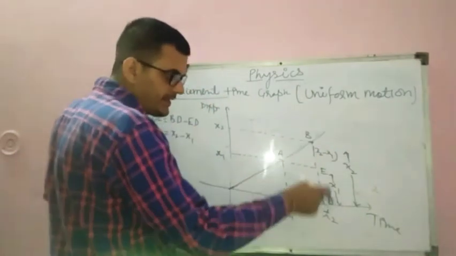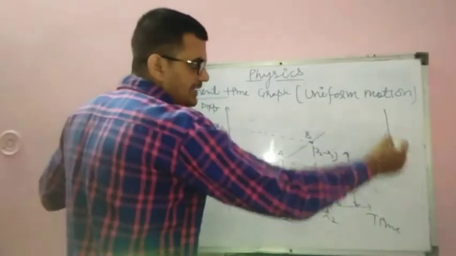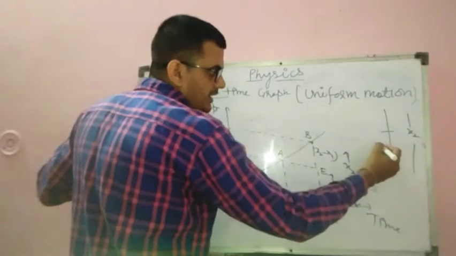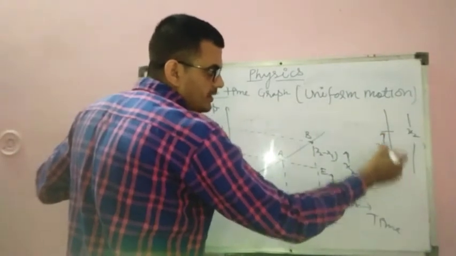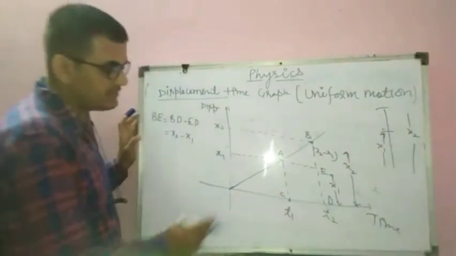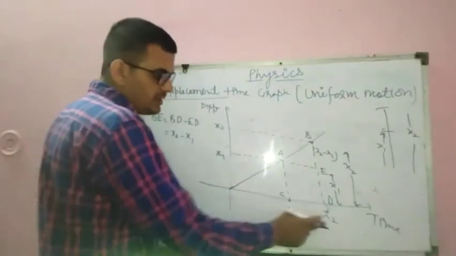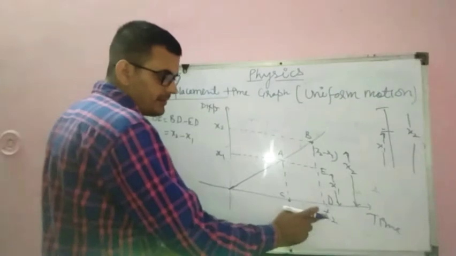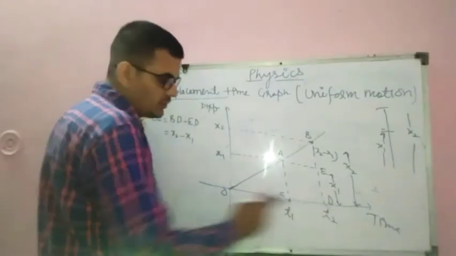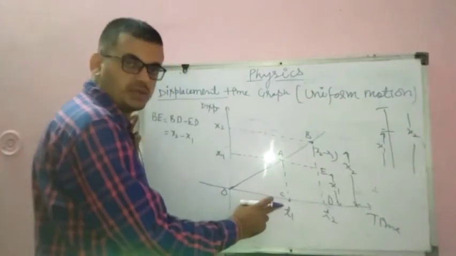See, this complete is x2, and you know this portion is x1, so how much will remain? x2 minus x1. Similarly, you know that OD equals t2, OC equals t1.